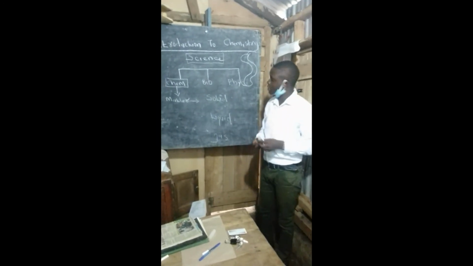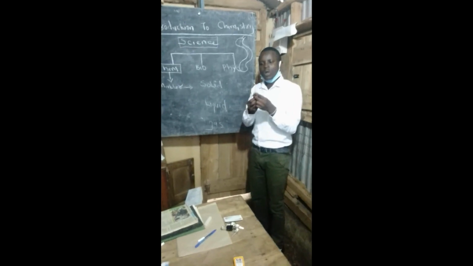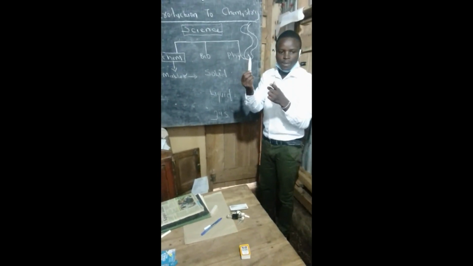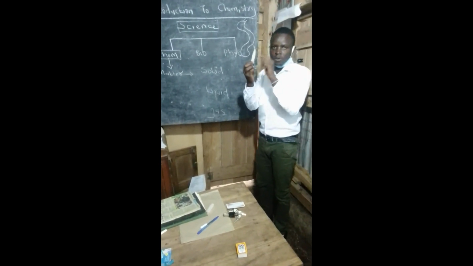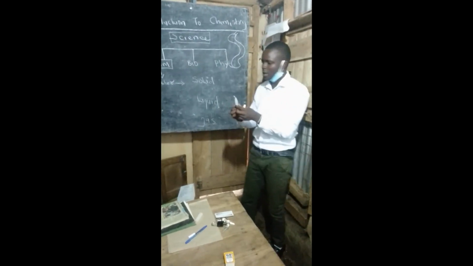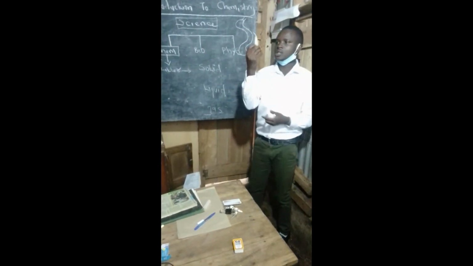So we are going to perform an experiment and see what happens when we change the physical environment around the candle. We see whether it will change from the solid state.